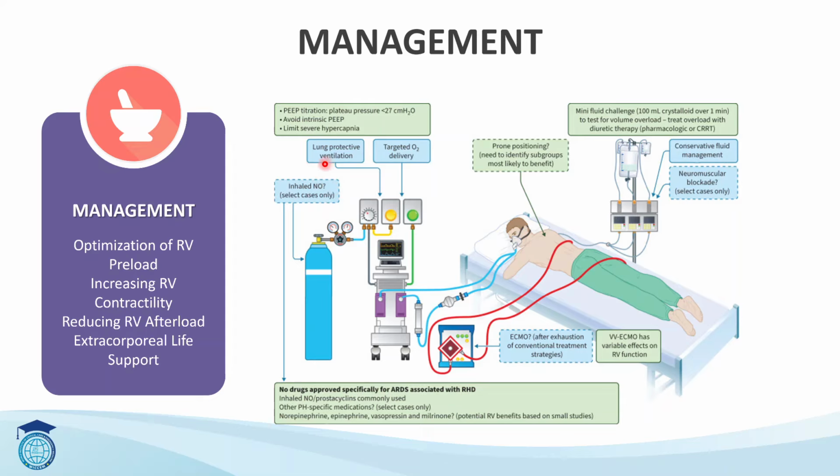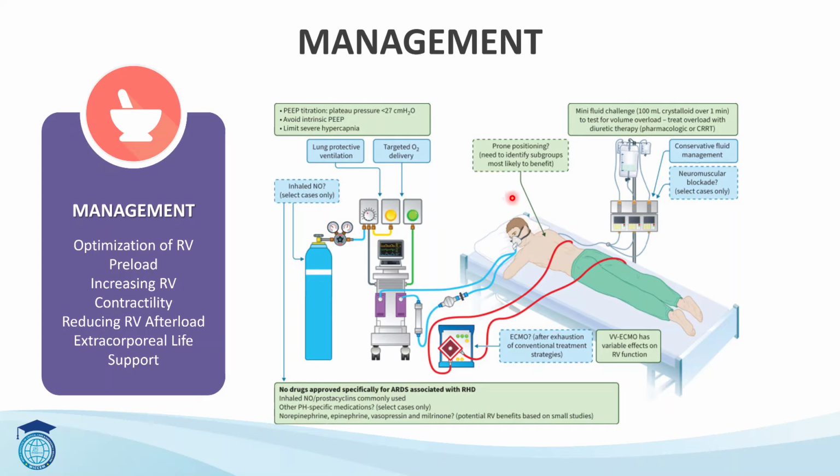So we do lung protective ventilation that will benefit our patients with RV dysfunction. However, we need to make sure that the plateau pressure is less than 27 and avoid intrinsic PEEP and limit the PEEP. PEEP titration is probably the best method to make sure that the PEEP is beneficial and it's not causing hemodynamic instability. At the same time, as we said, we need to limit severe hypercapnia.